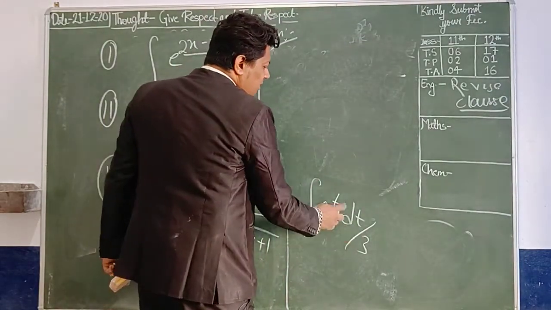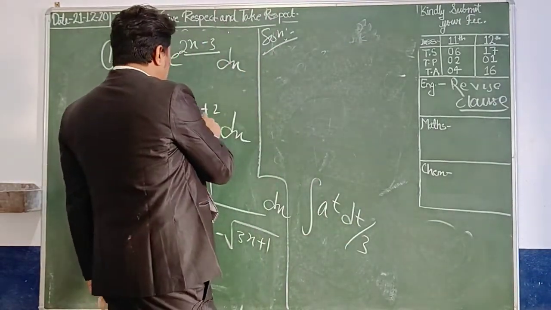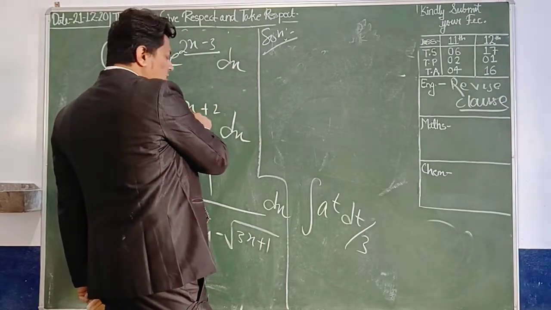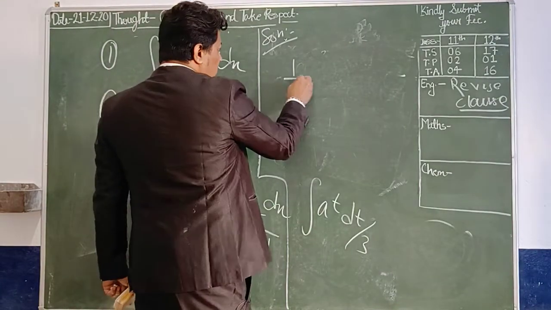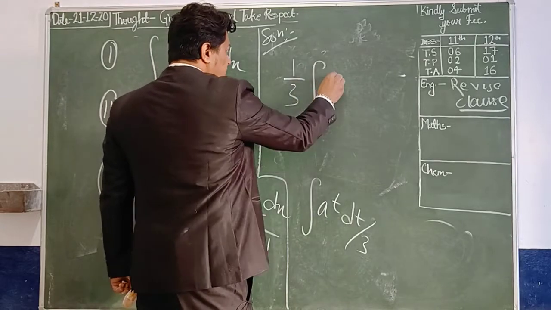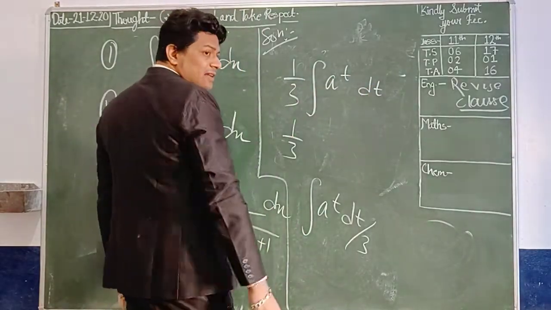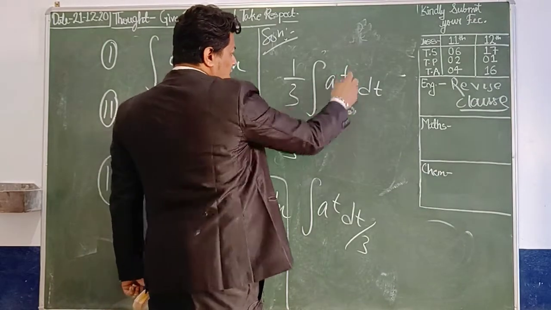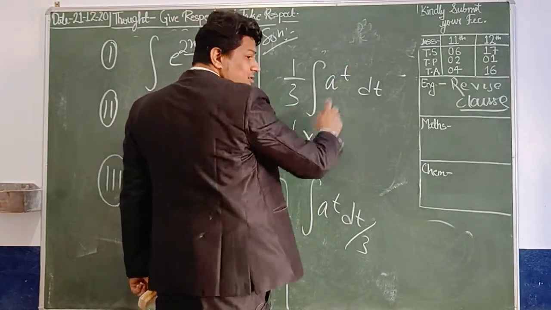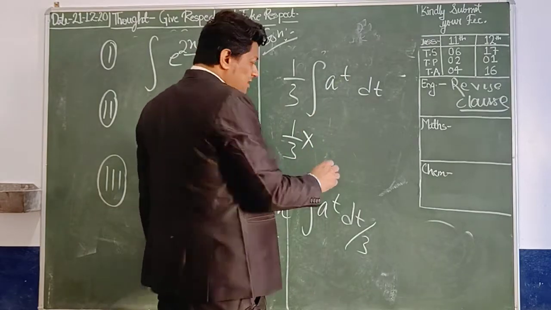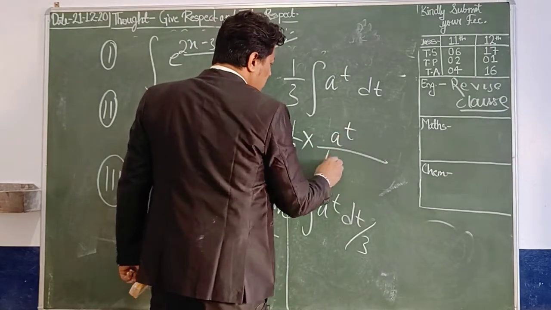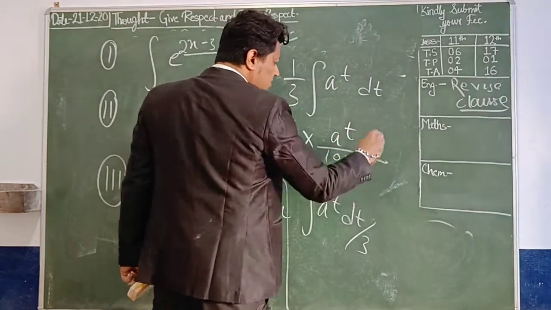You are telling that 1 by 3x plus 2. This will be 0. This will be 1. This will be 3. 1 by 3 outside, integration a power t dt. Now tell me what is it? 1 by 3 into a power t upon log a, because the integration of a power x is a power x upon log a base e. A power t upon log a.